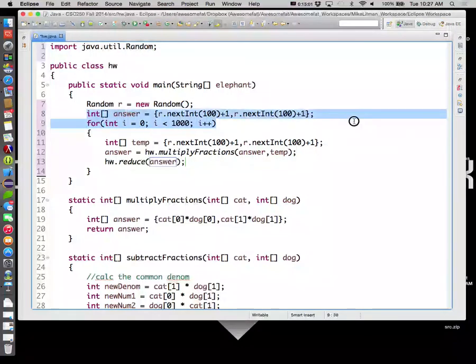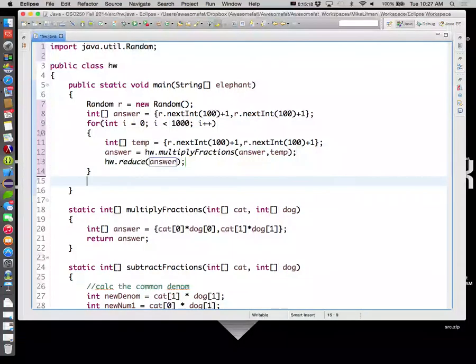These still might be small enough fractions that our current code fakes it enough, that our computers are fast enough that it seems like it's happening instantaneously, but I think it might not. So at the very end, we're going to do a hw.displayFraction answer.